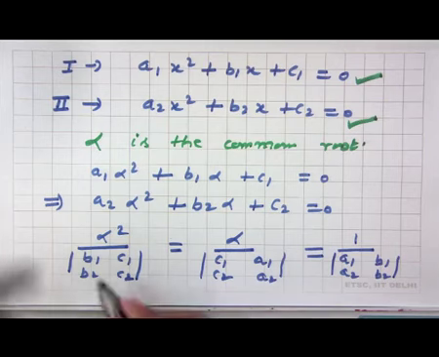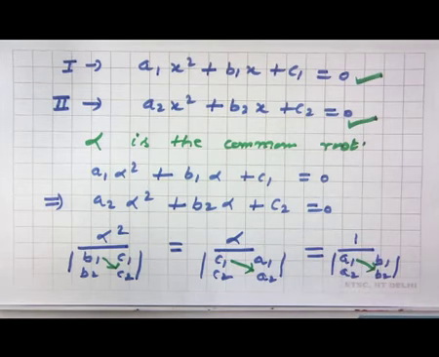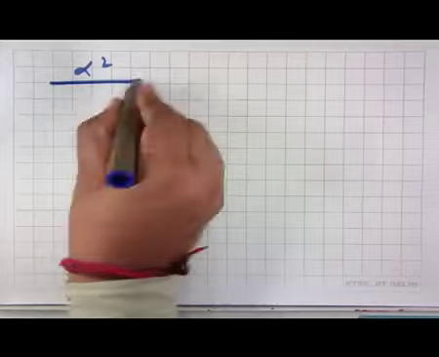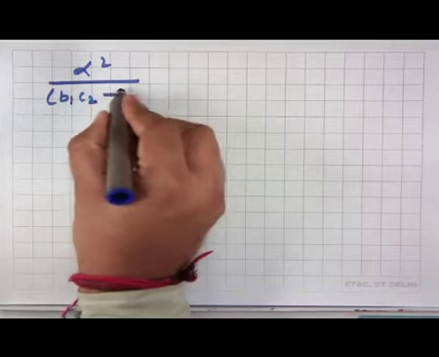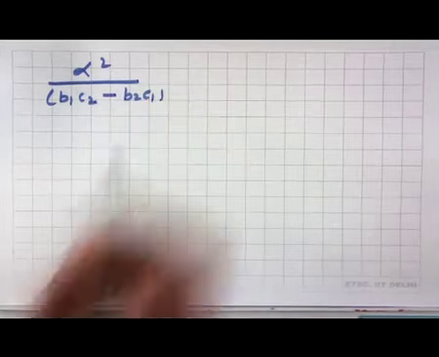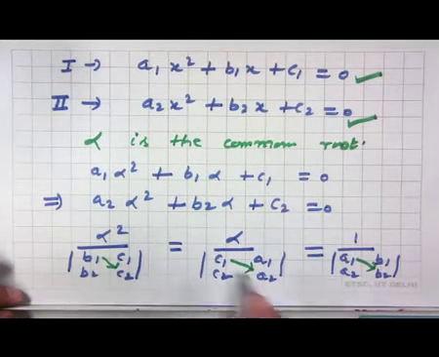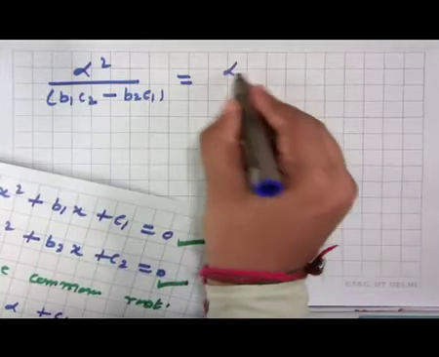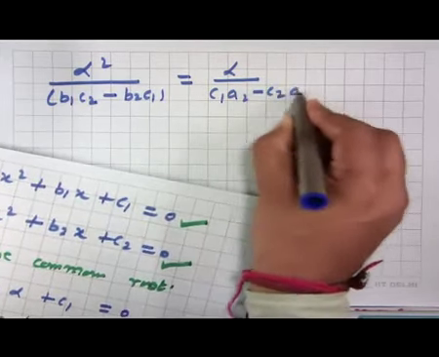Now, we can expand in this manner. We will first multiply left to right. It will be alpha square over b1 c2 minus b2 c1. In the same manner, it is alpha over c1 a2 minus c2 a1.